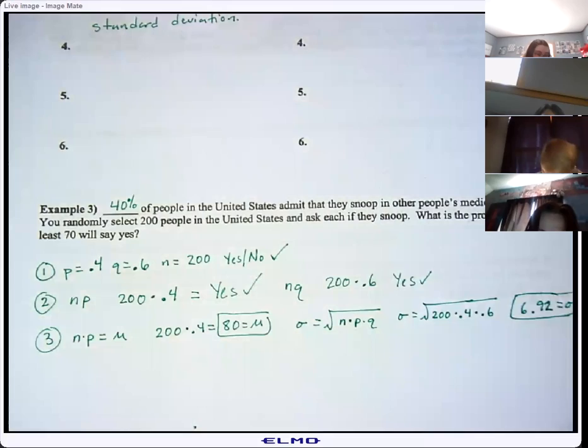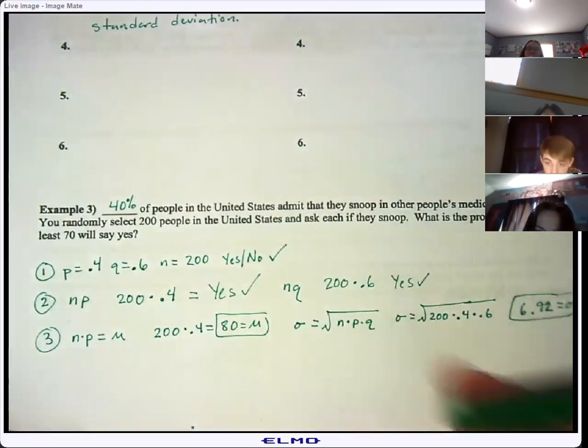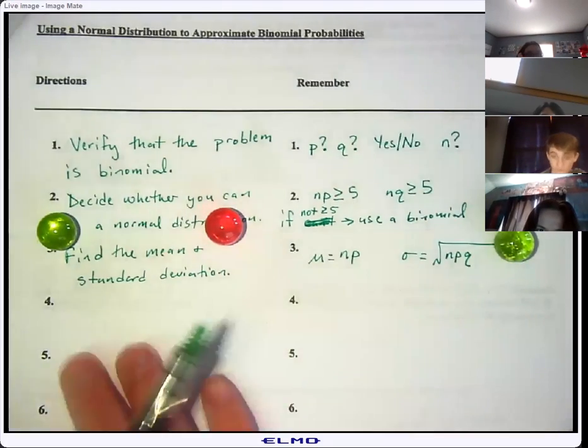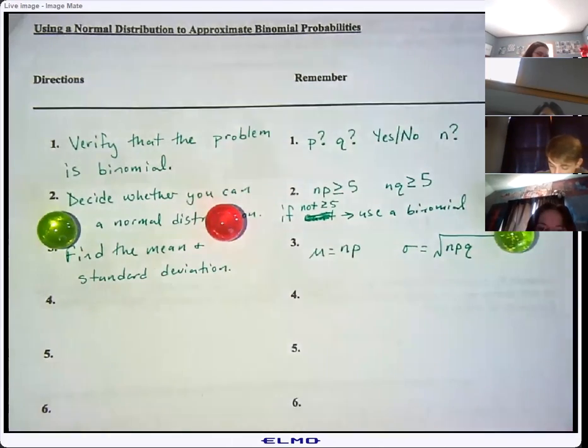Okay. All right, so now we've got a mu and a standard deviation. And now we're going to go back up. What do you think of this format, where it's directions, remember, and then an example at the exact same time? That's why we're taking this nice and slow.